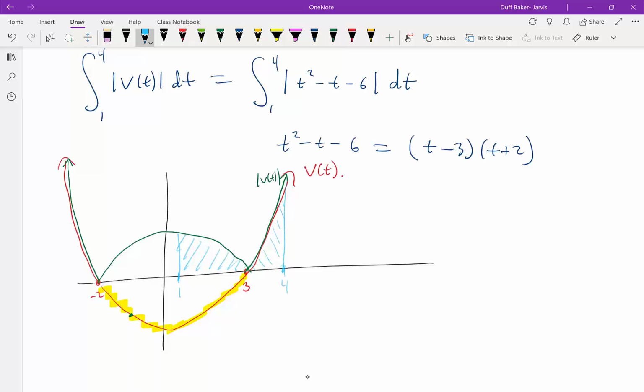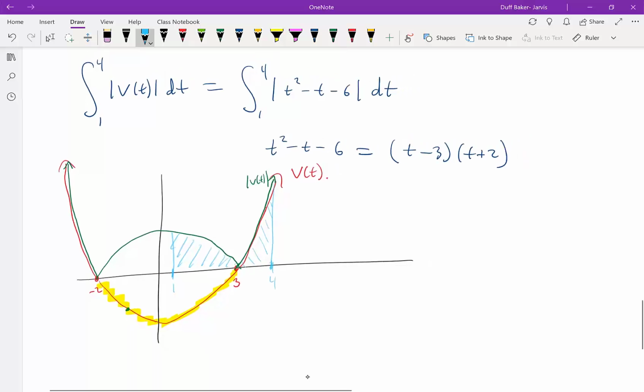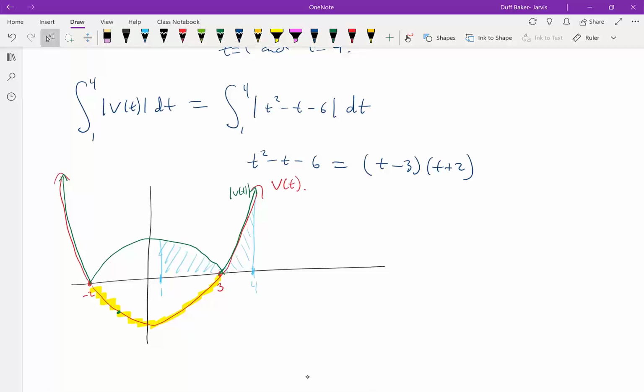Okay, so the trick here is whenever you're doing an integral that involves an absolute value, you basically break it into pieces wherever the sign switches, right? So between 1 and 3, it was negative, right? So that part gets one integral.